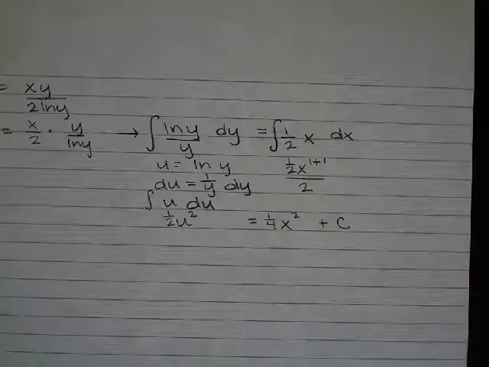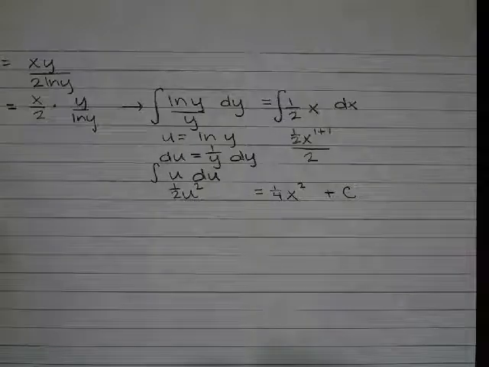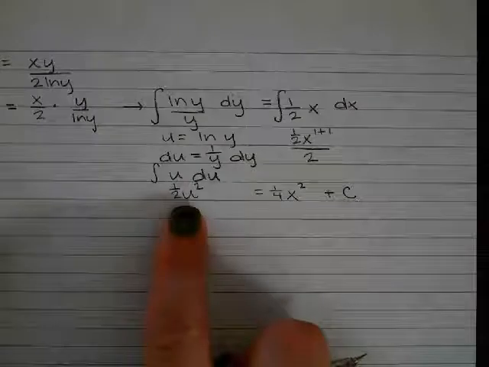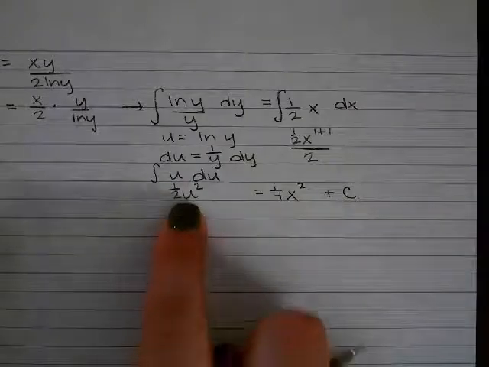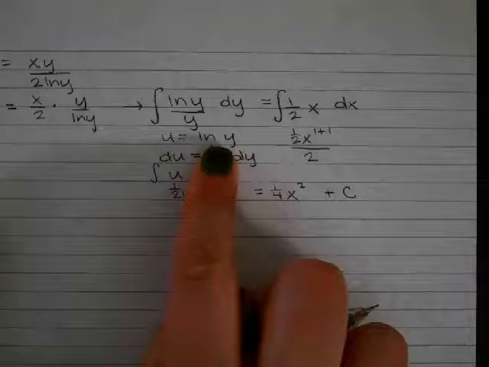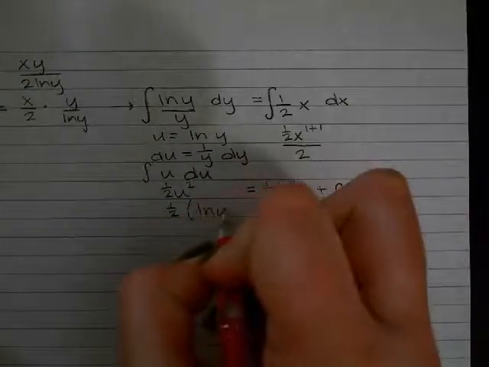Okay. All right, what should I do now? Switch the u with what I knew u was, right? Okay. So 1/2 ln y squared.